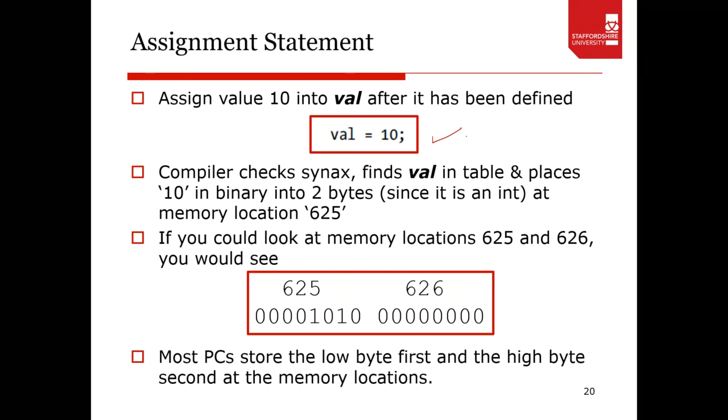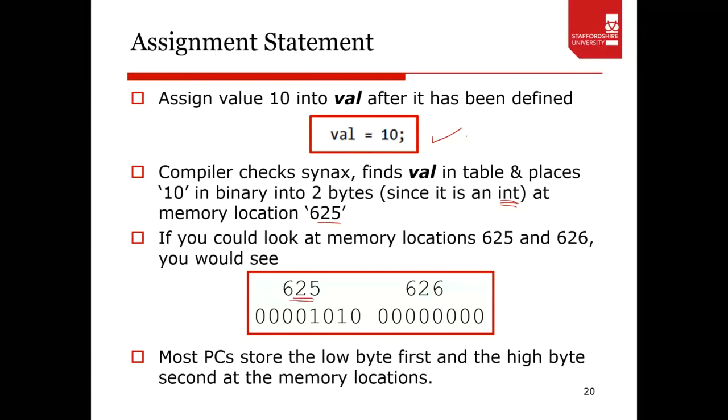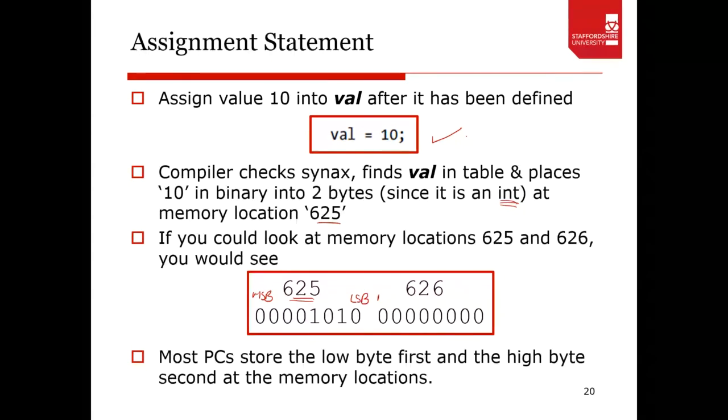So the compiler will check the syntax, find val in the table, and place 10 in binary into 2 bytes, since it is an integer, at memory location 625. So at memory locations 625 and 626, 625 is the least significant byte and 626 the most significant byte.